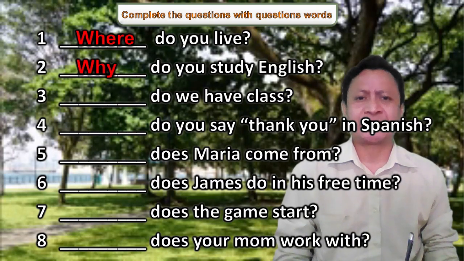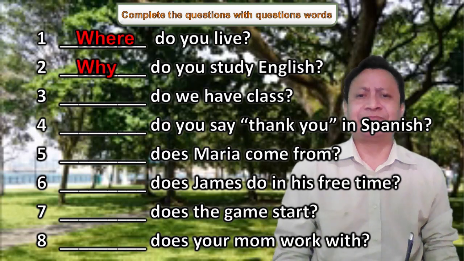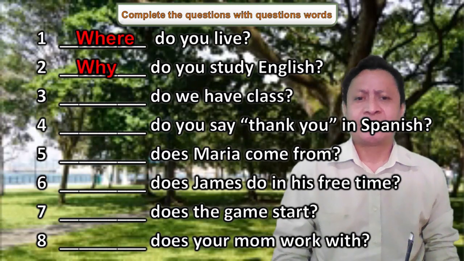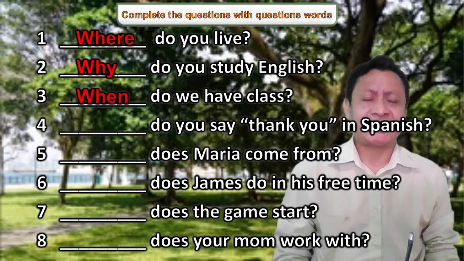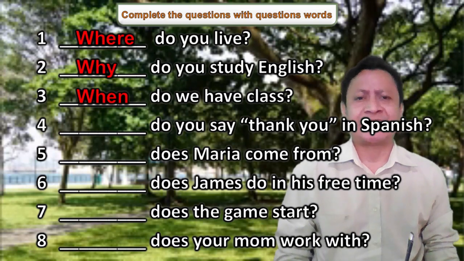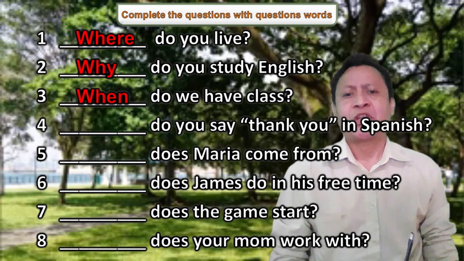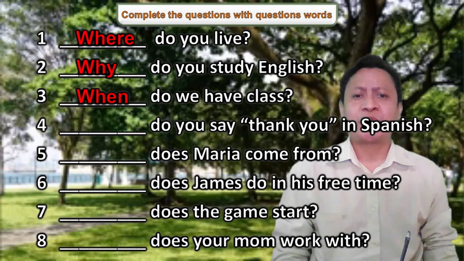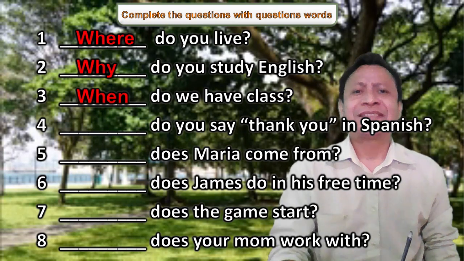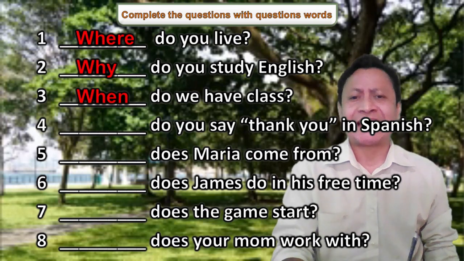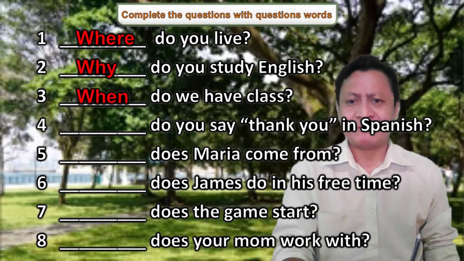Why do you study English? Next one. Do we have class? This also has different answers depending on context, but we are going to use when. When do we have class? It's asking for the time or the moment. Okay, very good.